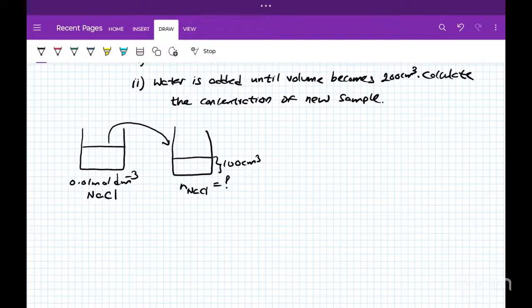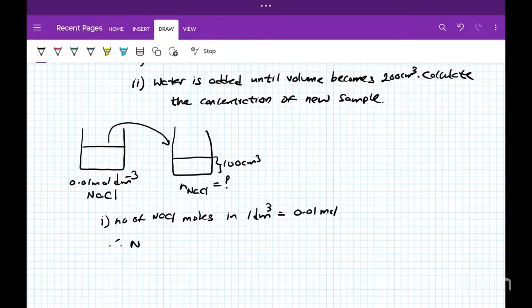For the first one, the number of sodium chloride moles in 1 cubic decimeter is 0.01, right? That is the concentration.